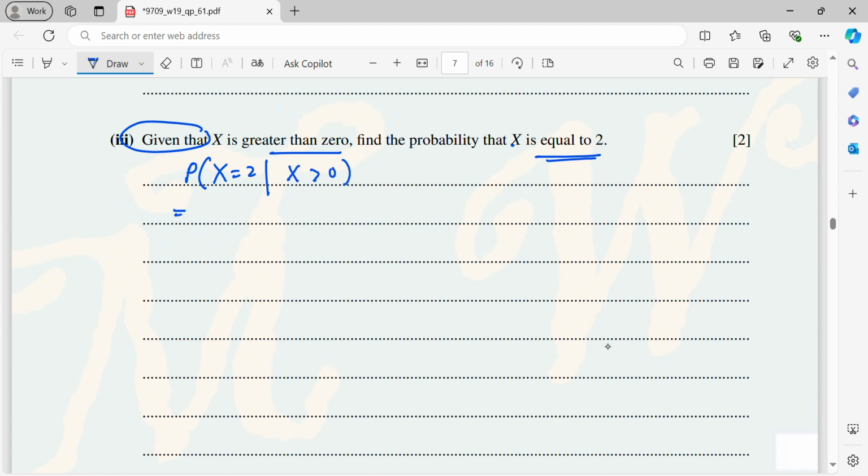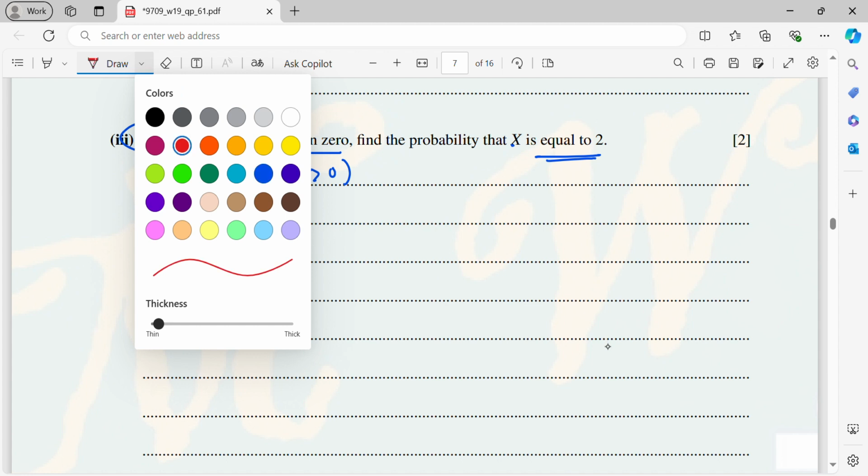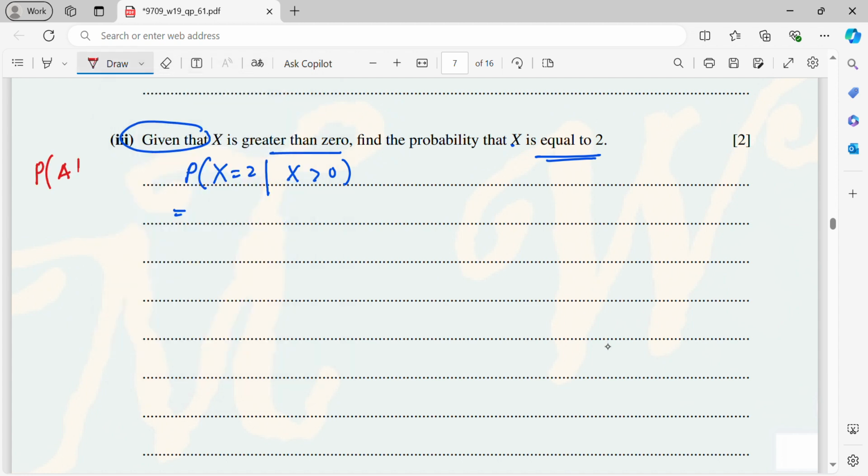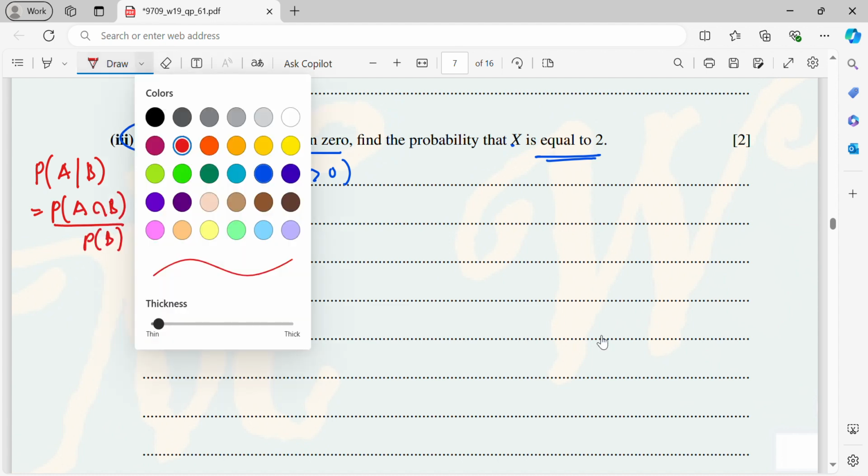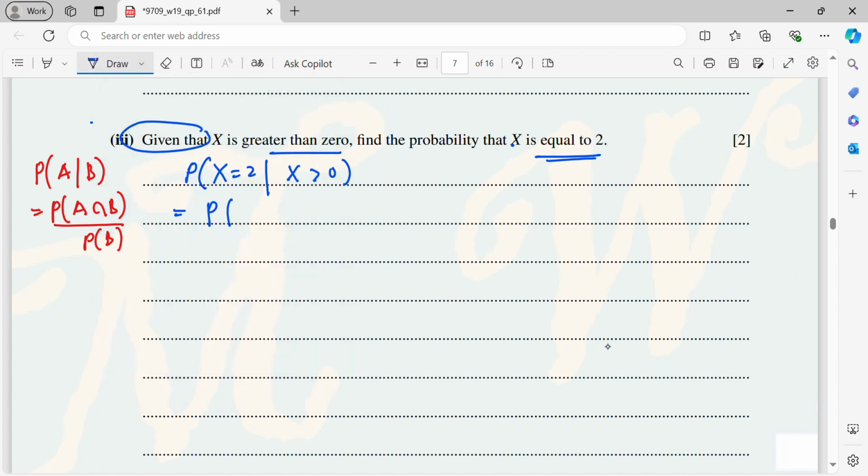So when you refer to the conditional probability formula, P(A given B) is P(A intersect B) over P(B). So from here, I will say that this is basically the probability that X equals 2 intersect X is greater than 0, over P(X greater than 0).